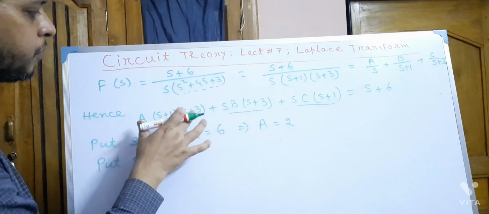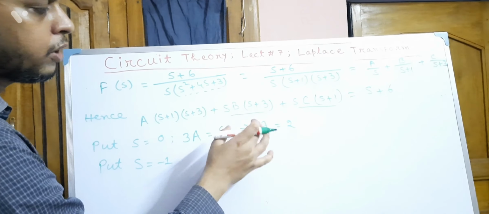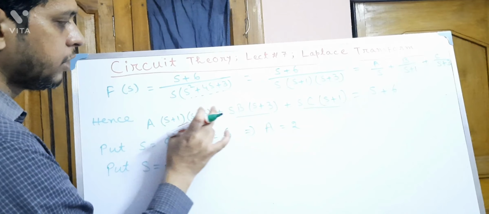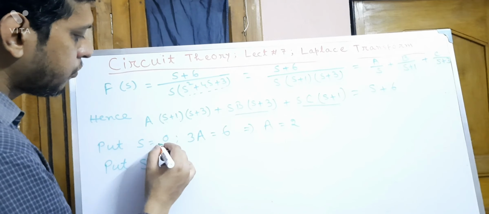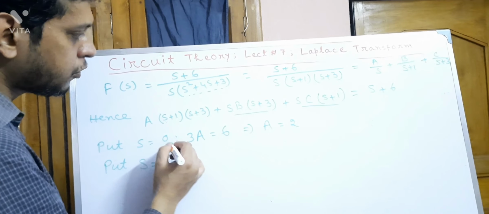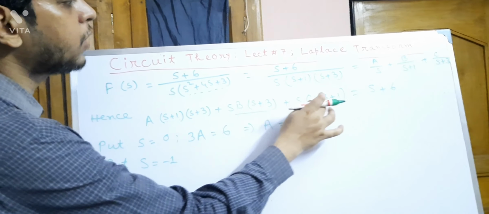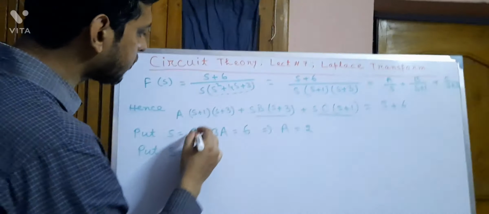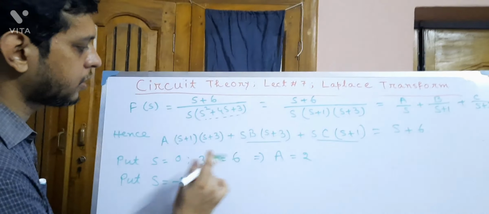Now among these three expressions, we have to make any two equal to 0. So we put s equal to 0 first. If s equal to 0, then these two items will be equal to 0. Now if s equal to minus 1, this one and this one will vanish.